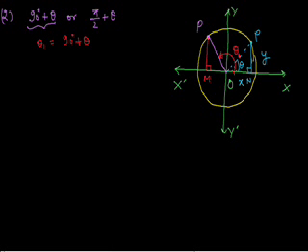This angle was theta, this was y, and this distance was x. Now from here we know that it is 90 plus theta, so this angle is going to be theta. If this angle is theta, then this particular angle, angle POM, equals 90 degree minus theta. So we can say that triangles ONP and OPM are congruent triangles. Since these triangles are congruent, here we have y in front of theta.